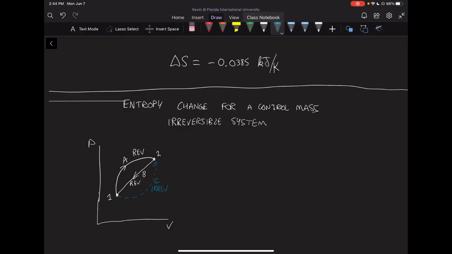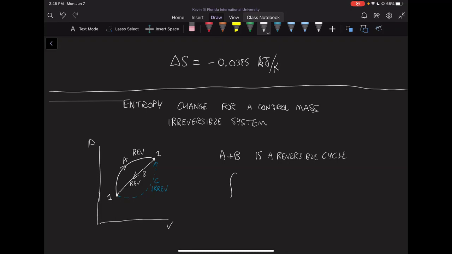Not like before where we had it reversible. C is going to be irreversible. Okay, so we know that if we go through process A plus B, we have a reversible cycle. So A plus B is a reversible cycle.